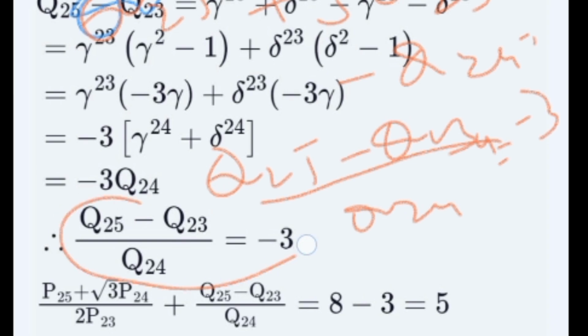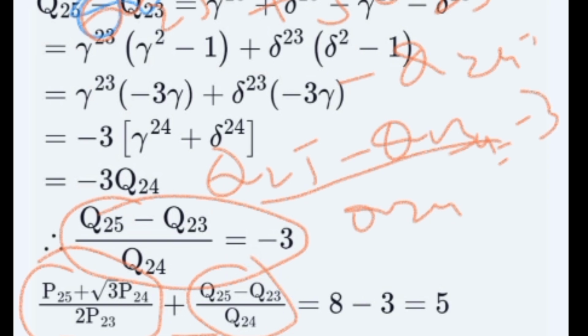Now this value is minus 3. So according to the problem, P25 plus root 3 P24 by 2 P23 plus Q25 minus Q23 by Q24 is equal to, so this is 8, this is minus 3, 8 minus 3, the value is 5.